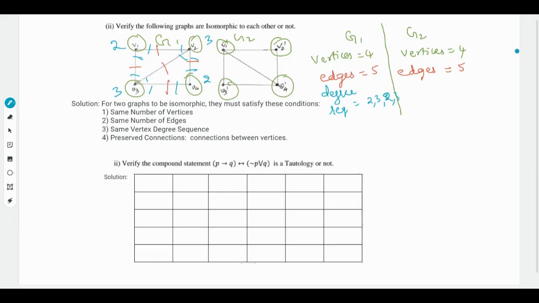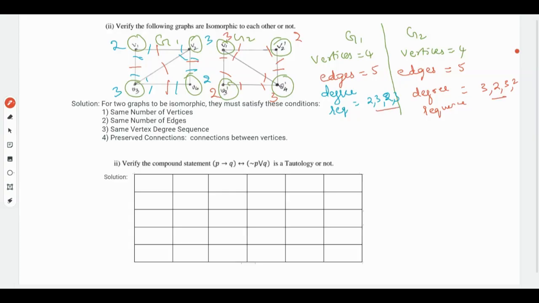For the next one, we have 3 degree here, 2 degree here, 3 degree here, and 2 degree here. So the degree sequence will be 3, 2, 3, 2, where both sequences are the same.